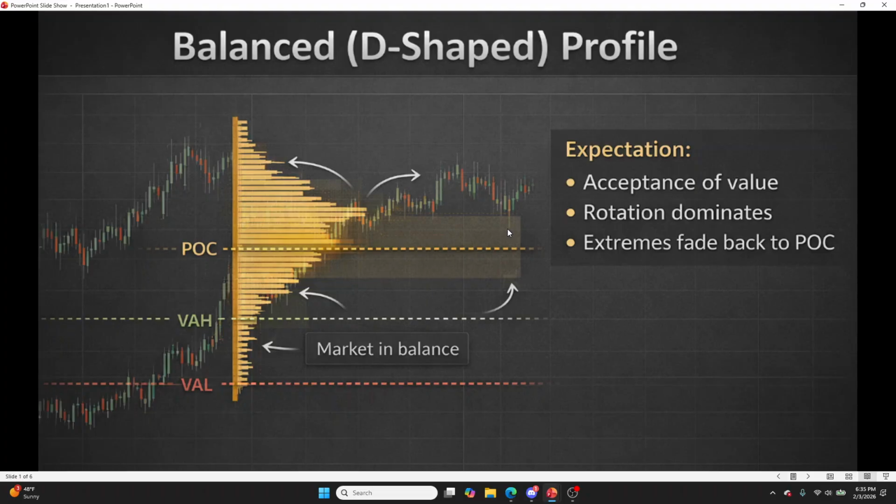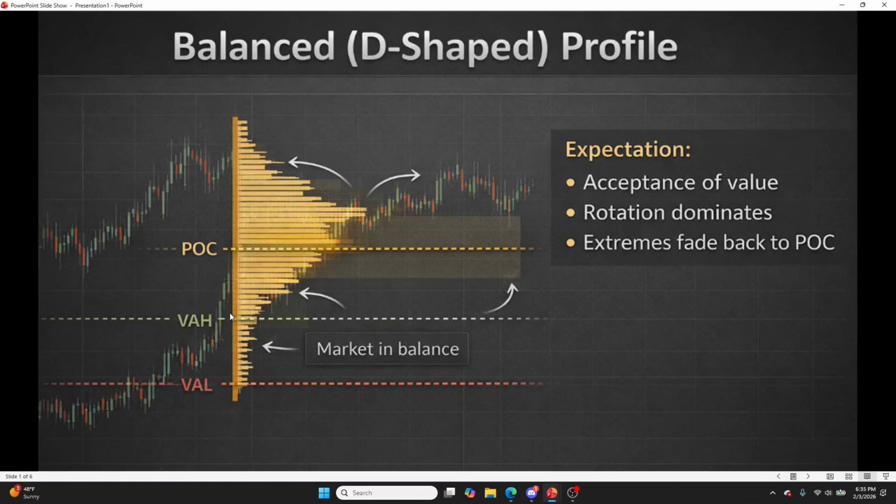And this is the balance state, where your highest focus is going to be that point of control, because you are looking for price to either one, come into that balance and give you an opportunity to ride with this accumulated volume. Or if you were at this low and you're identifying this profile, you have an opportunity from this low to get up into some of these liquidity tests.